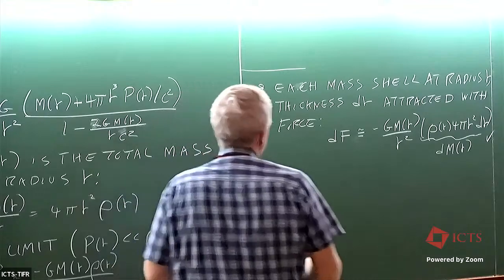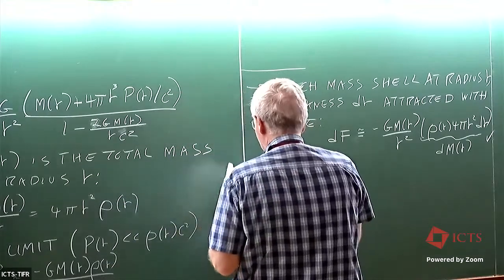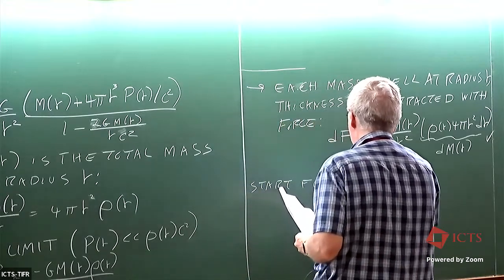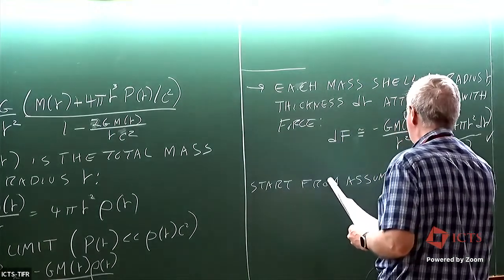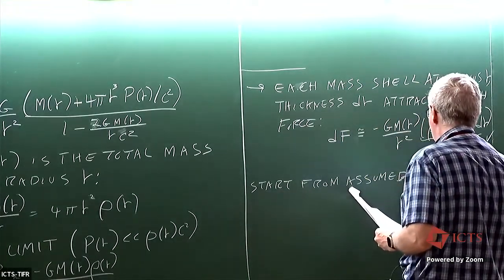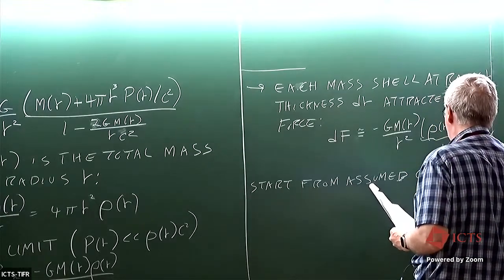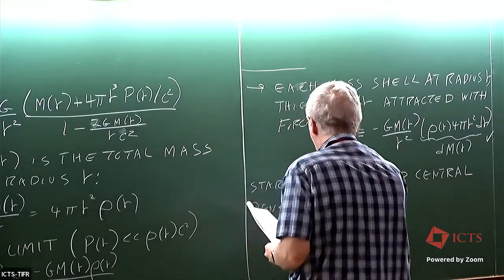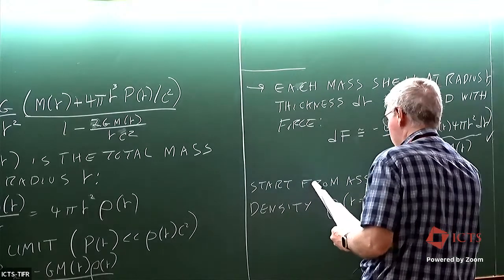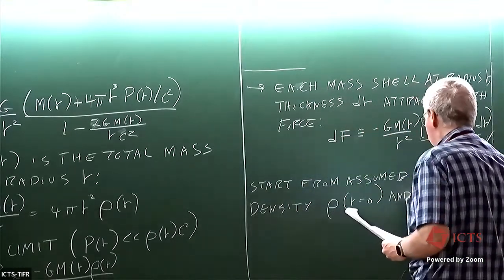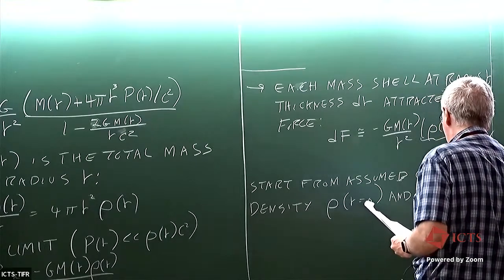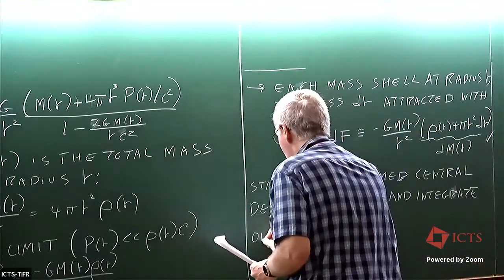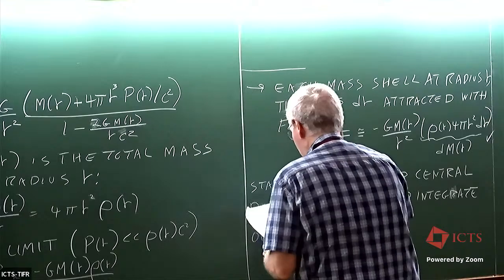Okay, and then in this kind of equation of state approach, one starts from some assumed central density at the core of the star, rho where r is equal to 0, and you integrate out until you reach a point where the pressure has gone to 0.